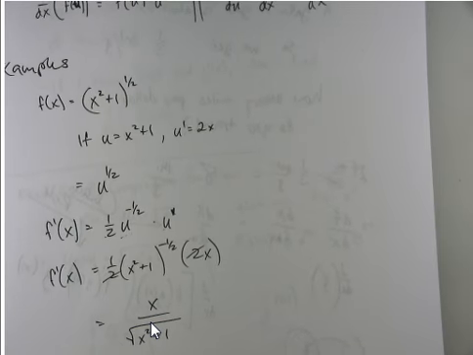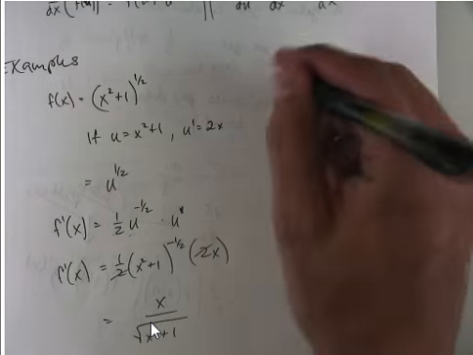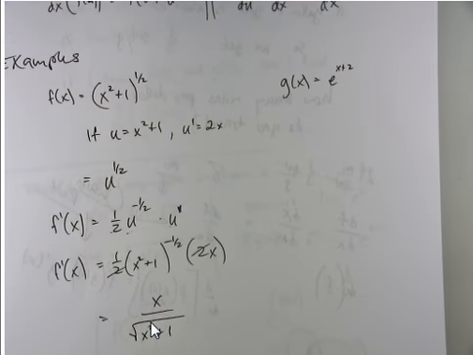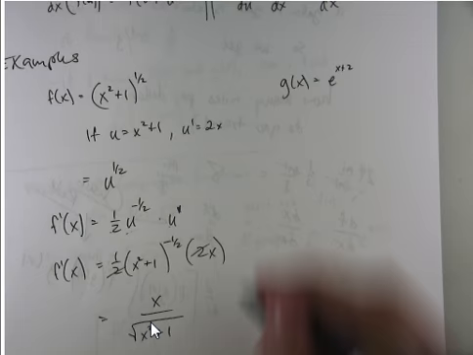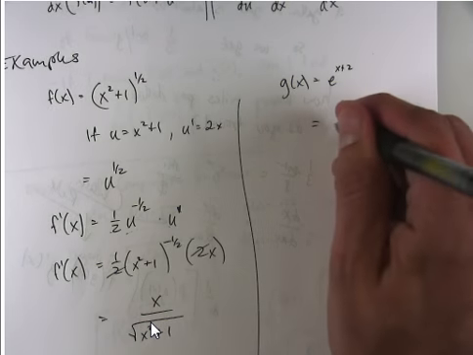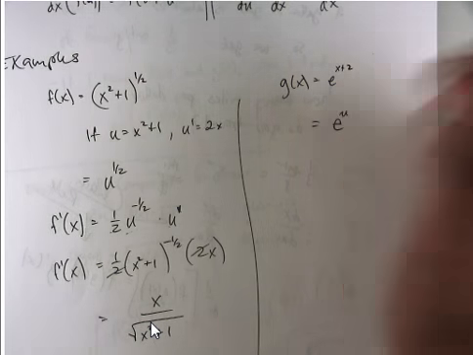So let's see another one kind of like that. What about g of x equals e to the x plus 2? I don't like that. It's complicated. So I'm going to just try to mash that x plus 2 into a single variable.